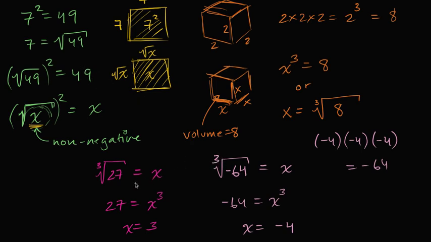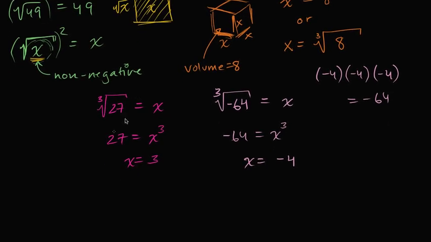Now you might be saying, well, you just knew that 3 to the third power is 27. You took the cube root, you get x. Is there any simple way to do this? If I give you an arbitrary number, say the cube root of 125.